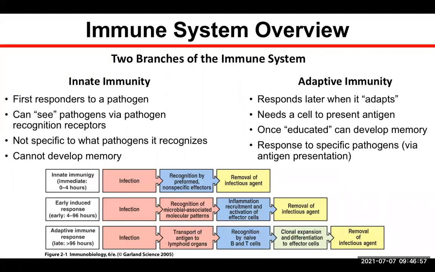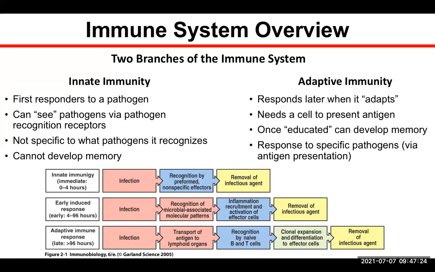These are going to be the immune cells that are able to see pathogens via these pathogen recognition receptors, which I'll go into later. These receptors recognize things that aren't ourselves, like bacterial components or viral or parasitic components, but they're not very specific. They don't recognize a specific species.